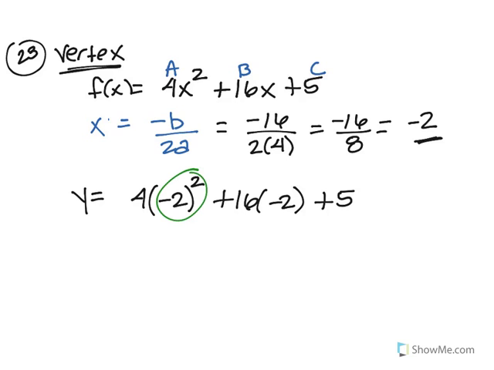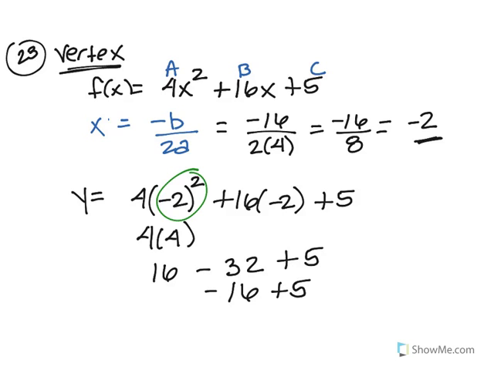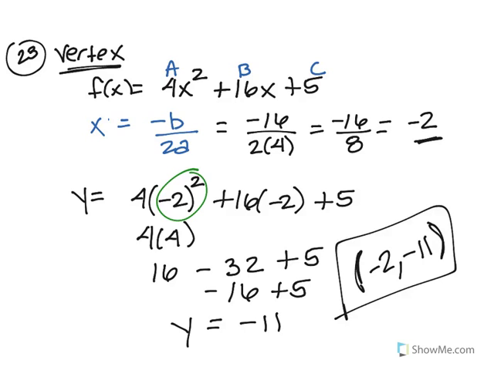But you would do your exponent first. That would give me 4, and 4 times 4 would make that 16. 16 minus 32 plus 5, that would give me a negative 16 plus 5, which will end up being negative 11. So your vertex is negative 2, negative 11 for that parabola.